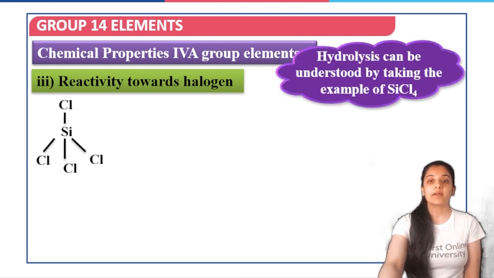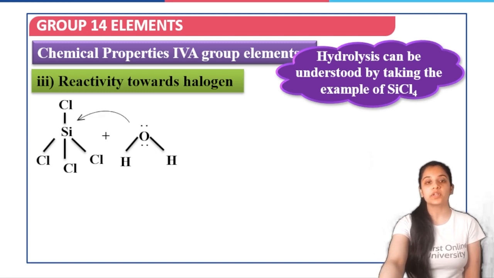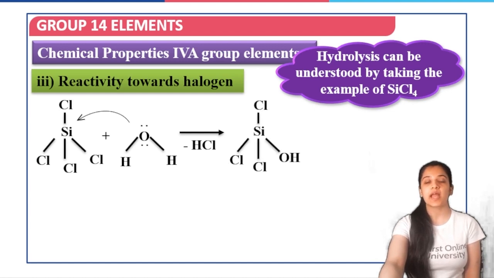So when we talk about hydrolysis, that can be understood by taking the example of SiCl4. If I take silicon tetrachloride as the example, SiCl4 on reaction with water is going to have HCl getting removed. So one chlorine from SiCl4 and one hydrogen from water are going to get removed as HCl, and we will have one OH introduced on SiCl4.